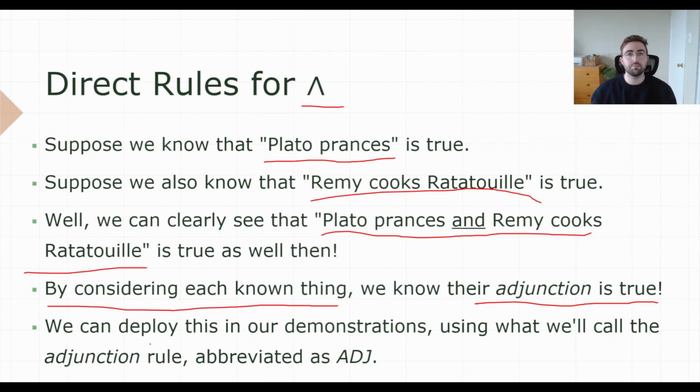So we can just deploy this in our demonstrations, and we'll call instances where we do that the adjunction rule, which we will abbreviate as ADJ. You can see down here, adjunction. The adjunction is when we stick an and in between them. So it's the adjunction rule, ADJ.